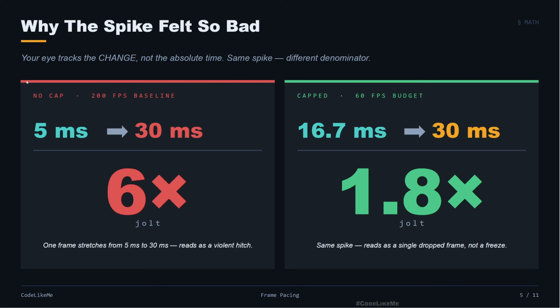That is when I have an uncapped 200 plus FPS baseline. But when I cap the frame rate to 60, a frame is 16 milliseconds, and when the frame spike goes to 30 milliseconds, it's only a 1.8 times jolt. So it's the same spike, but we don't really feel that.